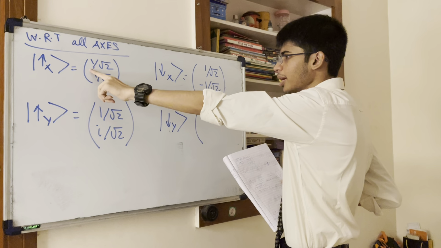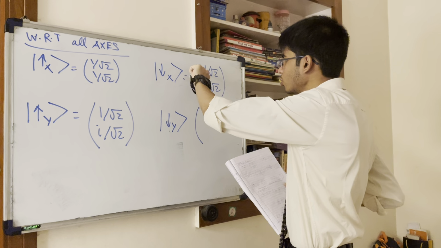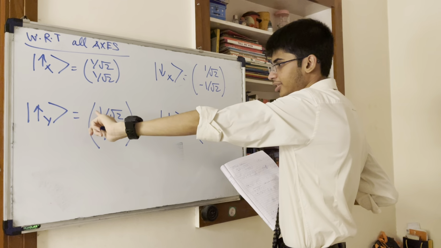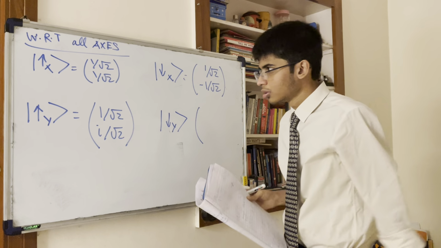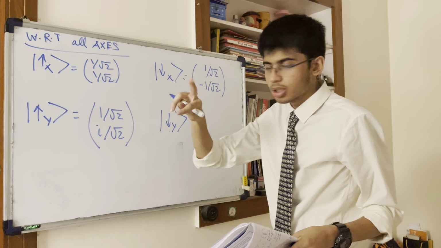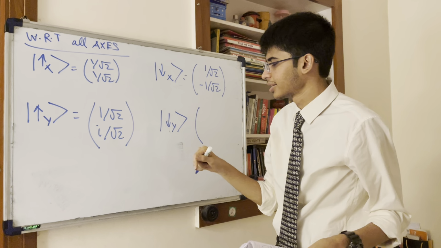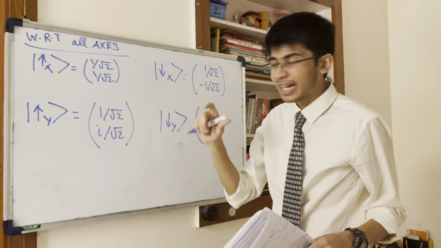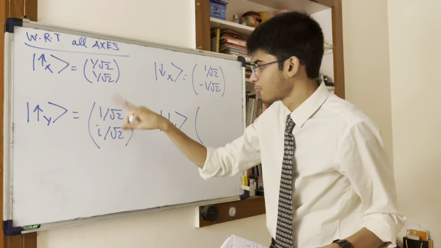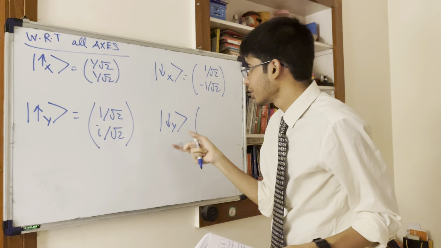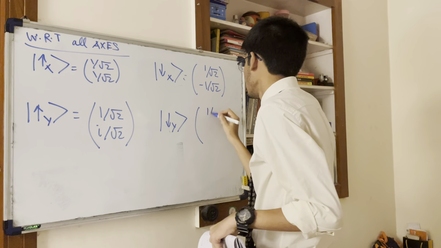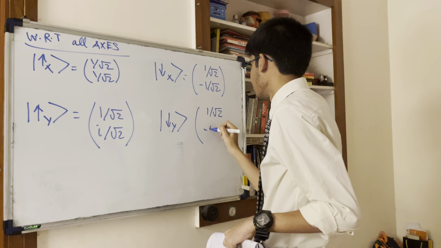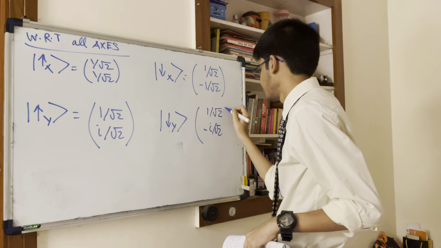If this is 1 by root 2 and i by root 2, we are flipping the particle along the y-axis, so there should be a negative sign, because if it is spin up, it is positive, spin down will be negative in the same way. So this will be 1 by root 2 and this will be minus i by root 2.